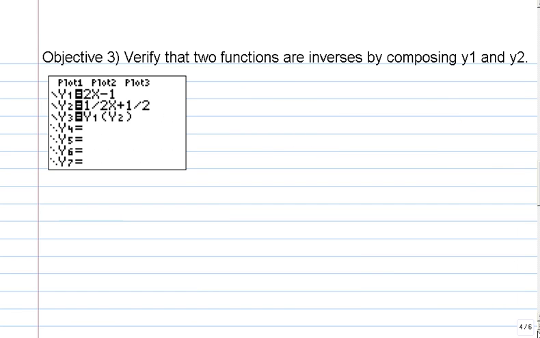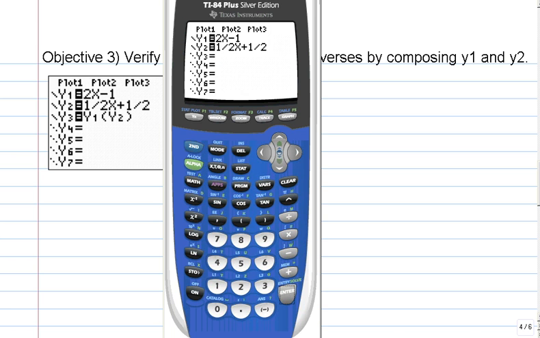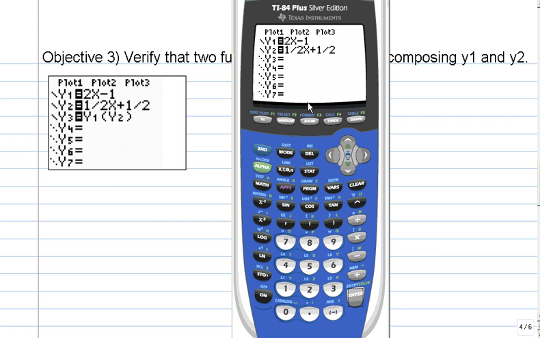Now, we can also verify that two functions are inverses by composing y1 and y2. Let me show you how to do that on the graphing calculator. If you enter y1 and y2 and you want to do y1 of y2, which I have written here, if you want to call that f and g, f composed with g, we can do that.